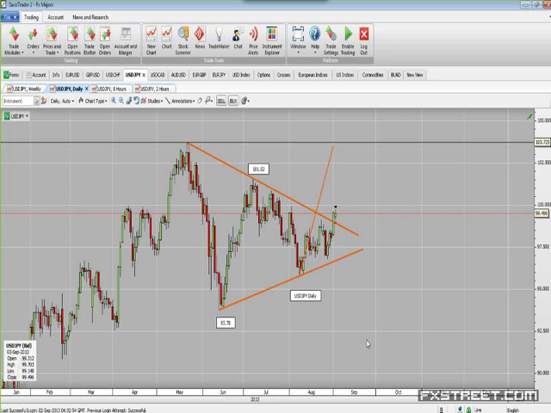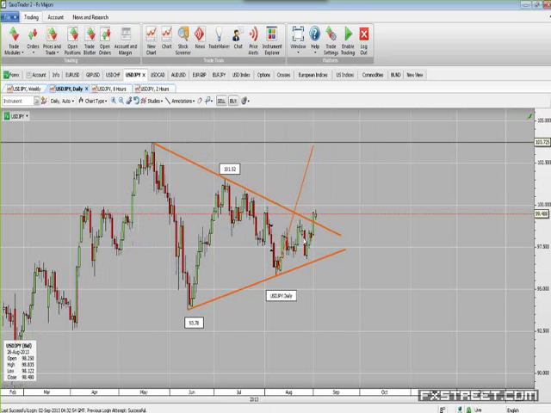The Chinese figures, it was quite strange that the Reuters or the Bloomberg results were in line with the HSBC results, and they say that doesn't normally happen. And that gave it a bit of a double whammy and pushed it through. Now, this is a triangle formation.